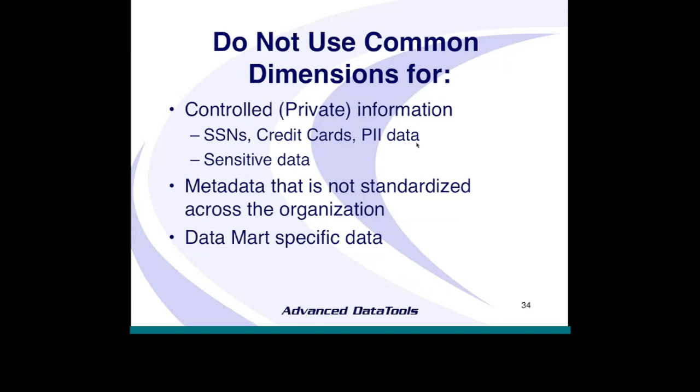This is really key because otherwise, if you build a common dimension table with something like Social Security numbers in it, then you get into all kinds of issues with PII, privacy, information, and data and rules about that. And so you're much better just leaving them out of your common dimension. Common dimensions should be information that anybody in your organization can see.